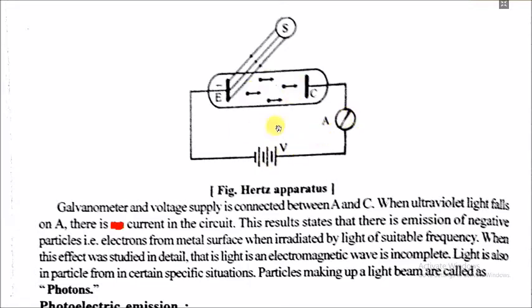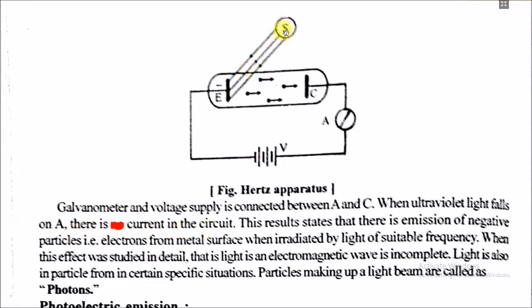So in this circuit we are connecting a galvanometer and the external power supply between this anode and cathode plate. This is the source of ultraviolet light. When ultraviolet light falls on the anode, there is a current in the circuit.